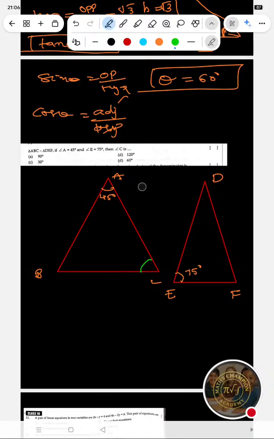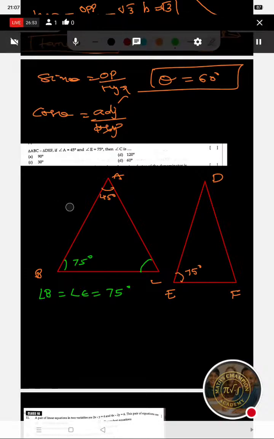By the similar triangle law, corresponding angles are equal. So angle B is equal to angle E, that is 75 degrees. We already know the sum of the angles in a triangle is 180, so angle A plus angle B plus angle C is 180 degrees.